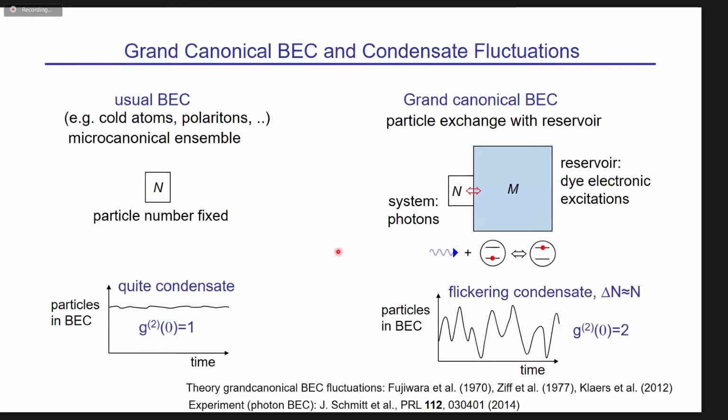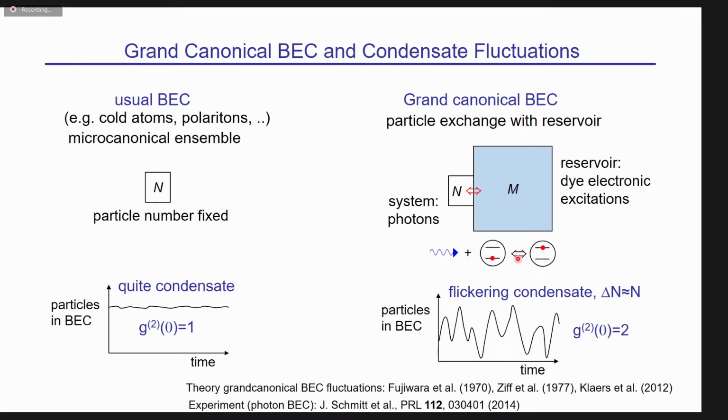The grand canonical ensemble describes a particle exchange with a reservoir, and it turns out that we can have that in our system, because the way we thermalize is we absorb photons by dye molecules, so we convert them into dye excitations, and if a photon is emitted, this is again converted into a photon and a ground state molecule.